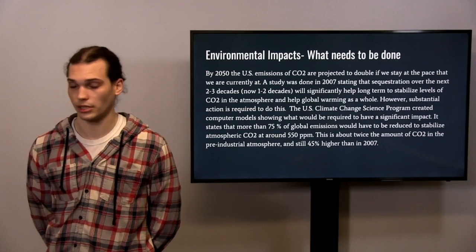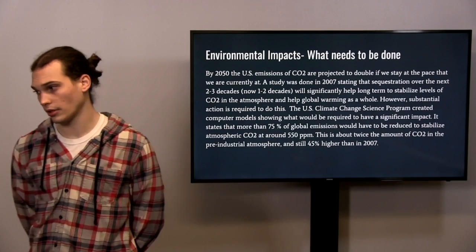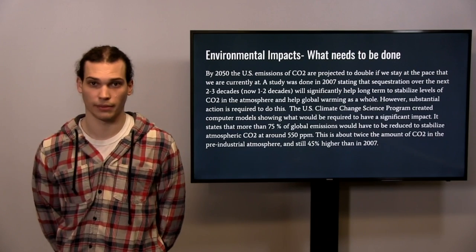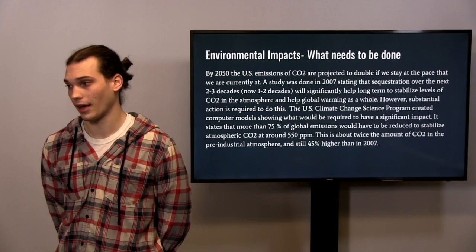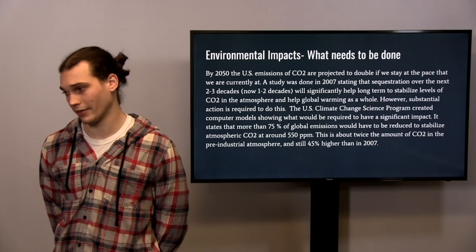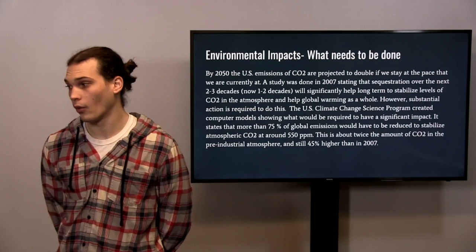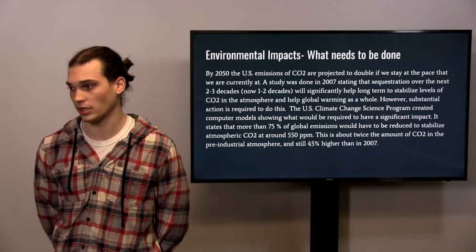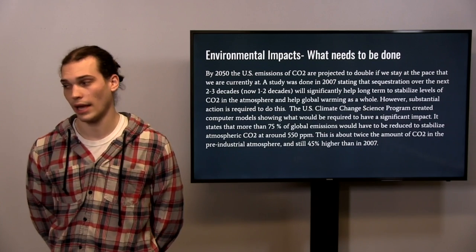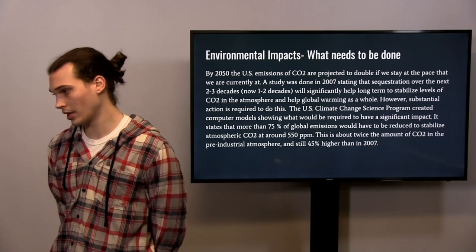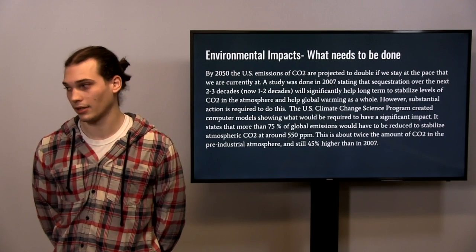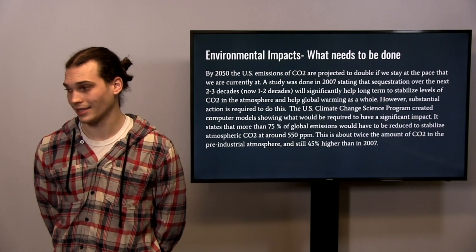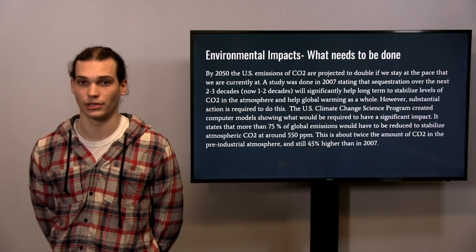The U.S. Climate Change Science Program created computer models showing what would be required to have a significant impact. If we reduce 75% of global emissions, which is a significant and pretty unrealistic amount, we would stabilize the atmospheric CO2 at around 550 parts per million, which is about twice the amount of CO2 in the pre-industrial atmosphere and still 45% higher than it was in 2007.